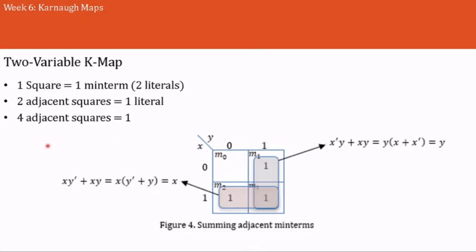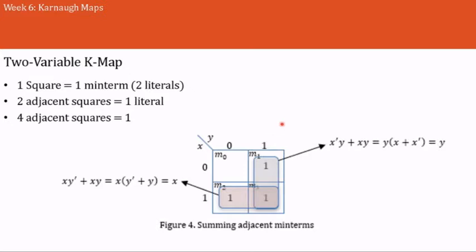Let's say our answer is a group of two adjacent squares. So we have two adjacent squares, meaning our answer will be equal to one literal. And let's say all of our boxes, or four adjacent squares, are 1, meaning that the function is equal to 1.